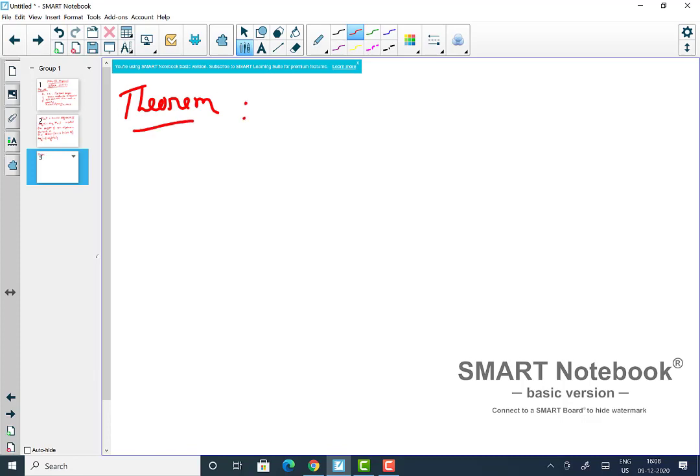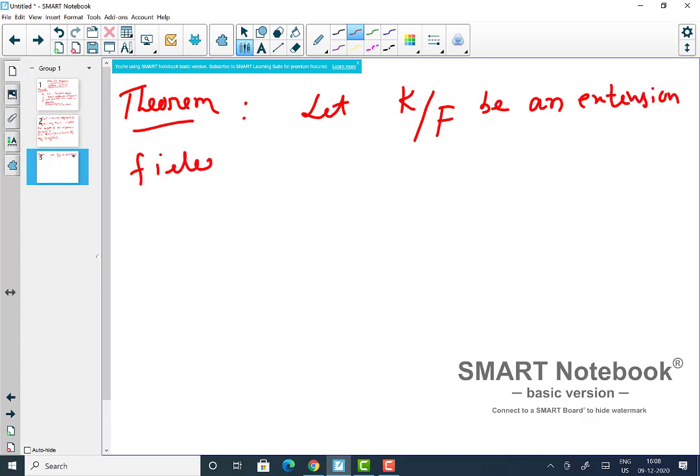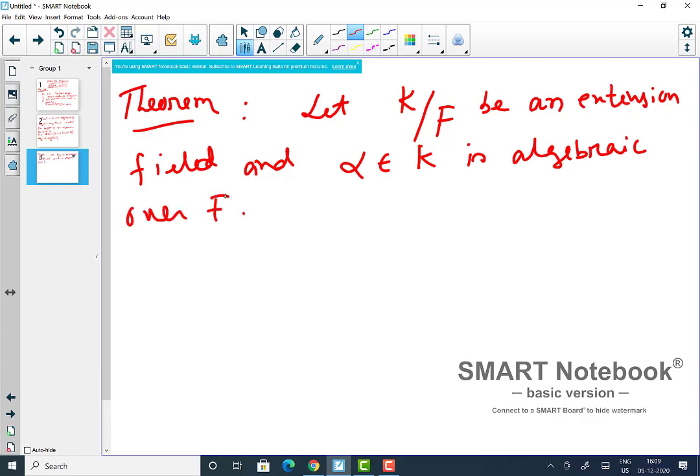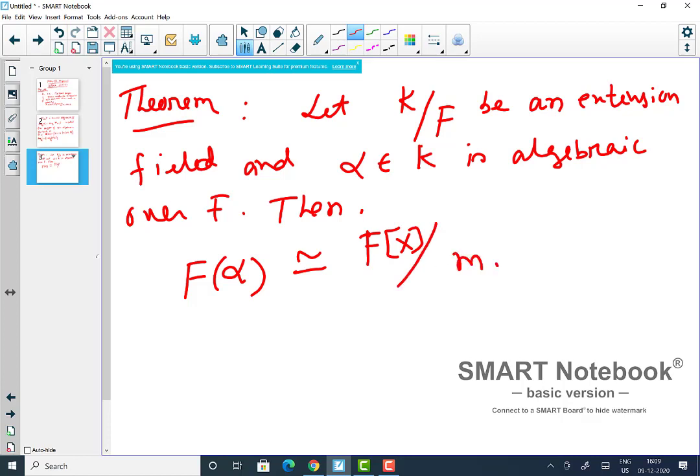Let K over F be an extension field and alpha belonging to K be algebraic over F. If this is given, then the smallest subfield of K generated by F and alpha, F(alpha), is isomorphic to F[x] over the minimal polynomial of alpha.